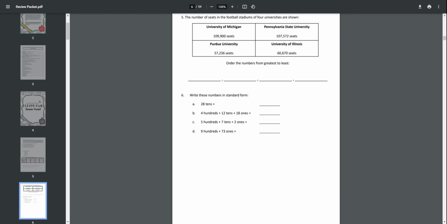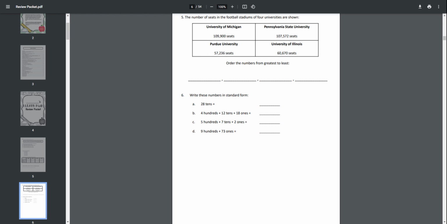And number 6, write these numbers in standard form. A says 28 tens. So 28 tens, what does that equal? That's like 28 times 10. What does that equal? Letter B, 4 hundreds plus 12 tens plus 18 ones equals. Now remember, when you have 12 tens, that's like 120.